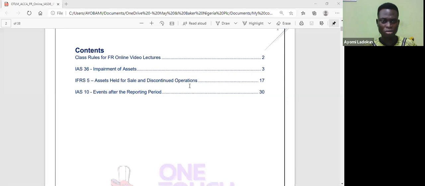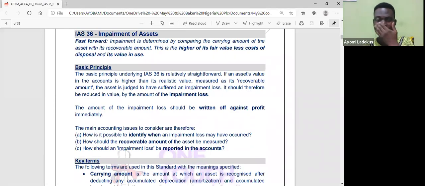Okay, so IAS 36 talks about impairment of assets. I'm going to explain what impairment is. I'll differentiate between impairment and depreciation. Then we take a look at the carrying amount of an asset.